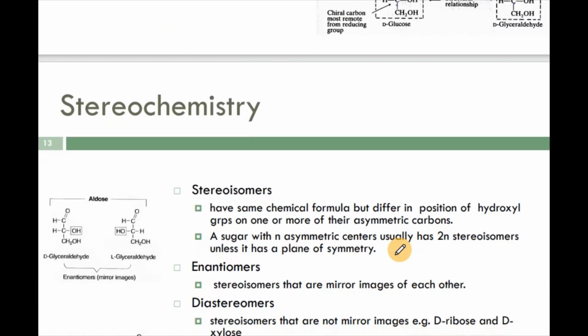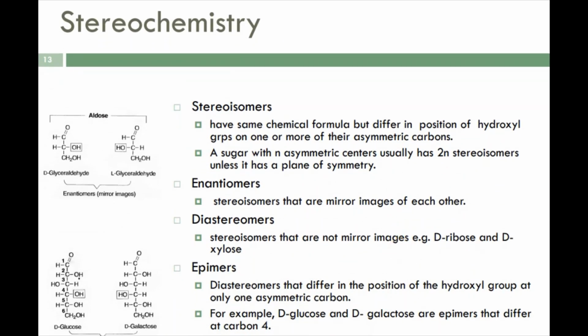Now let's study what is called stereochemistry. In the basic sense, when we have two compounds with the same molecular formula but different structural formulas, we call them isomers. Isomers can differ in functional groups or in how atoms are bonded in space.